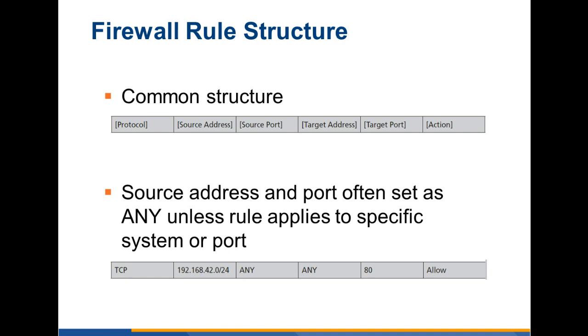Here we have TCP as the protocol. The source address is inside our network. 192.168.42.0 subnetted at 24 indicates it's inside our network because of the subnet. Any source port, any target address, any target port. So the data being transmitted can go out on HTTP to the web, to any website, and it's allowed.